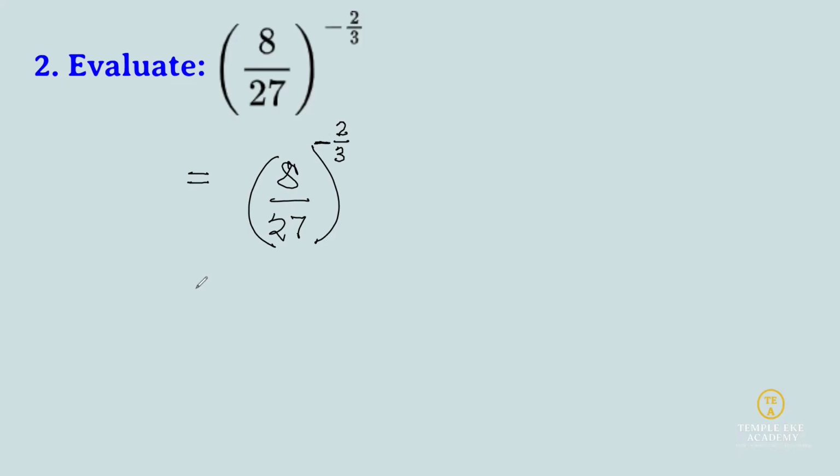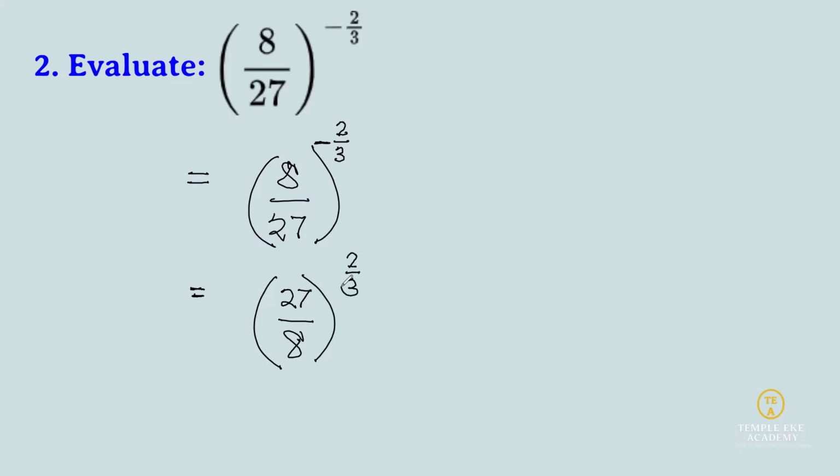And right away, we're going to make use of it. Can you remember what will happen? Yes, of course. Interchange of the numerator and denominator. So 27 upstairs divided by 8 downstairs, all of these raised to the power, the fraction gets out of the way. So we have ordinary 2 over 3 prevailing.